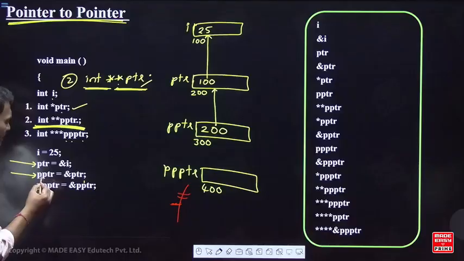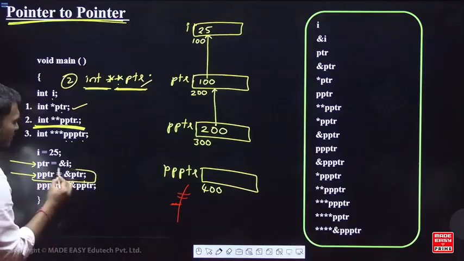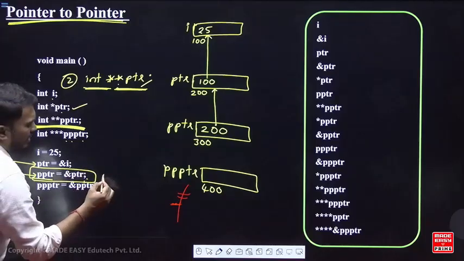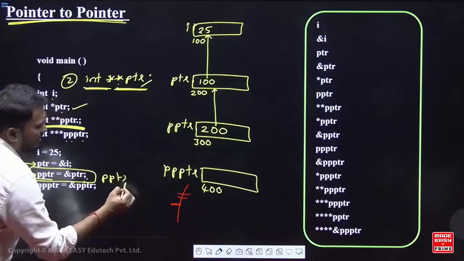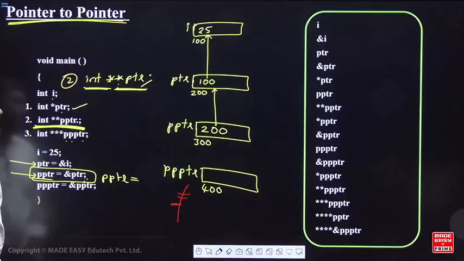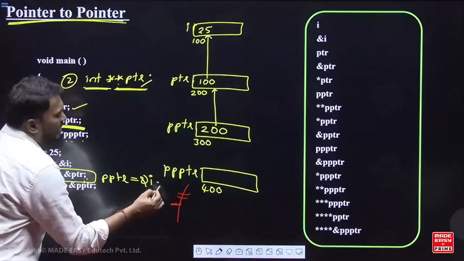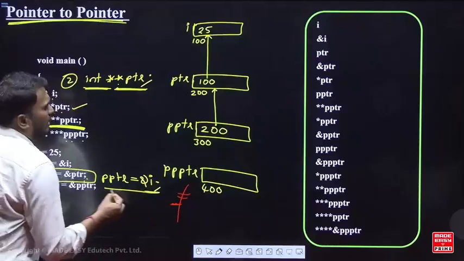Now understand this line carefully. PPTR equal to address of PTR is written. Listen carefully: in PPTR, if I write address of I, is it allowed or not allowed?